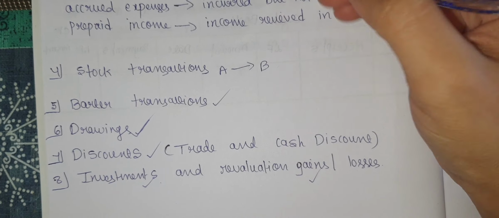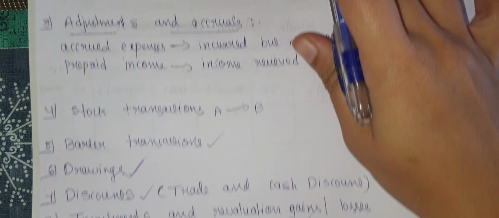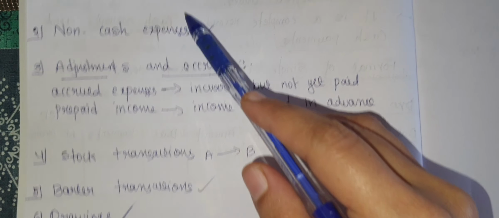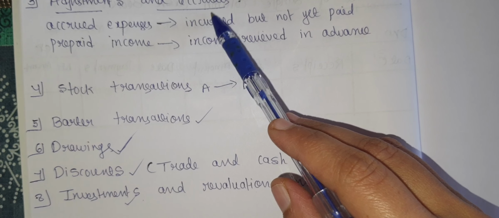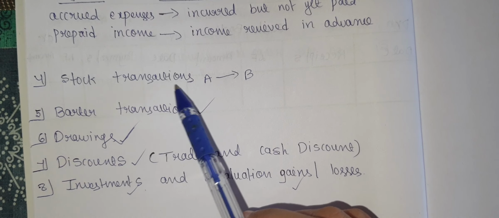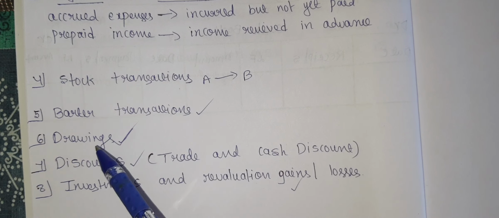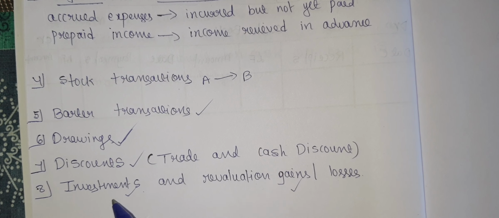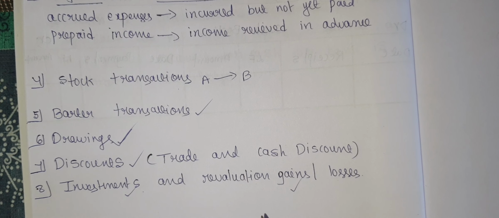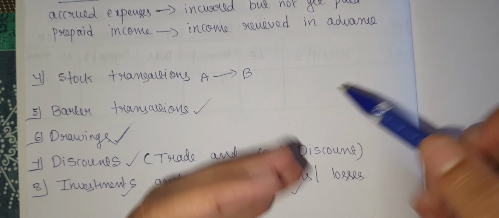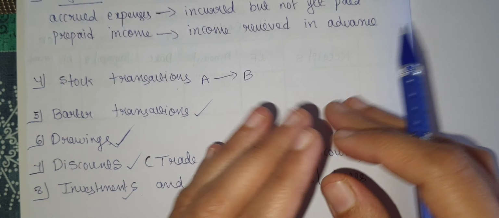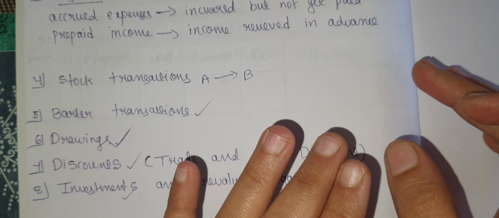These are the items not included in the cash book: credit transactions, non-cash expenses, adjustments and accruals, stock transactions, barter transactions, drawings, discounts and investments and revaluation gain or losses. If these transactions are included in your problem, you should not include them in the cash book.